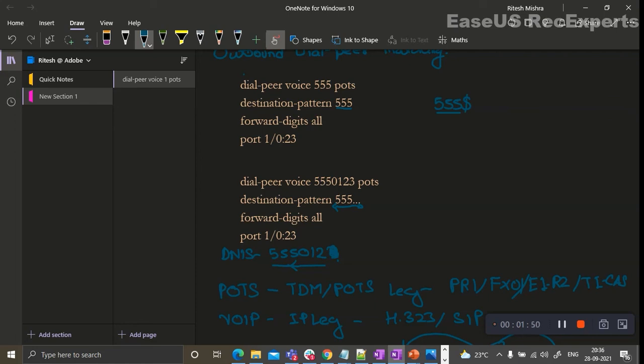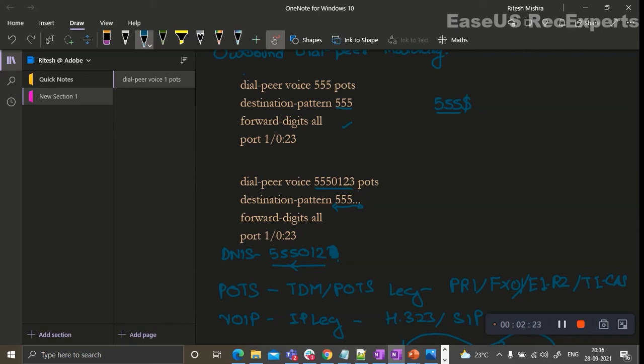So whenever a call comes with a called number of only 555, this dial peer will be selected. Otherwise, the router will move to the second dial peer, because dollar indicates that no extra digits are allowed, and will start matching the patterns. Then if you have 555 with 3 periods, this dial peer will be selected.